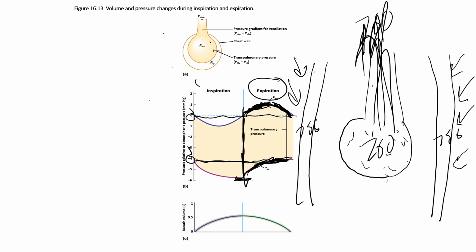This is a cyclical process, just like heart contractions. At the end of expiration, you've returned to exactly the same pressures and lung size and everything else that you had at the beginning of inspiration, because at the end of expiration, you're ready to begin inspiration again. And then the process just repeats itself over and over again throughout the hours and days and years of your life.